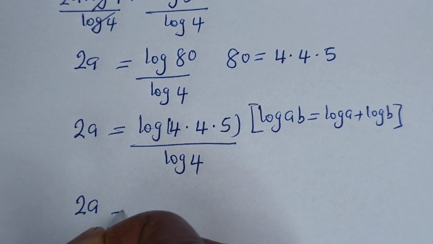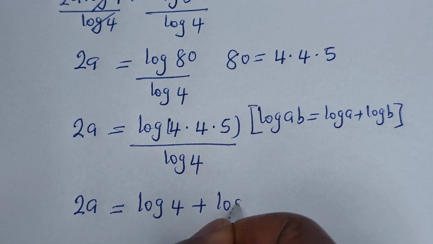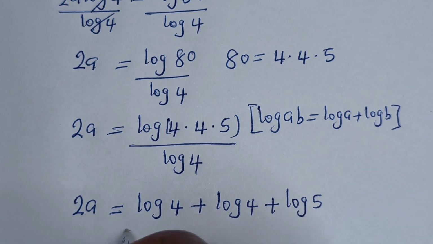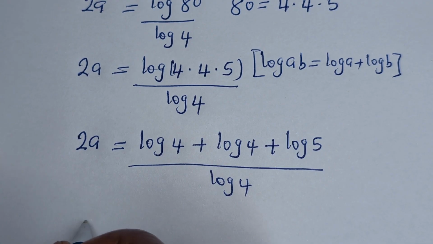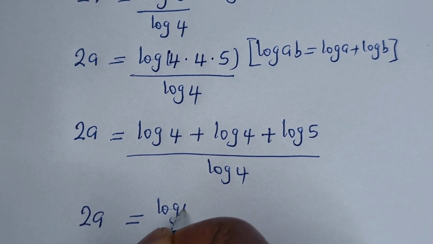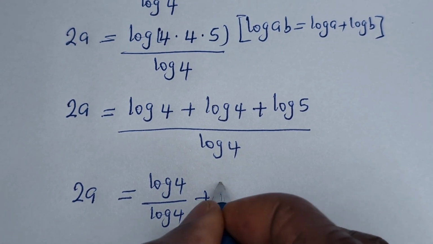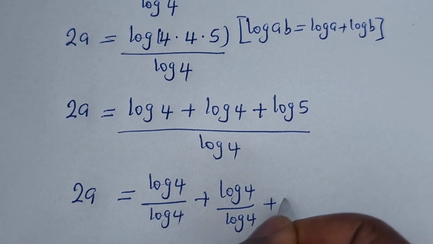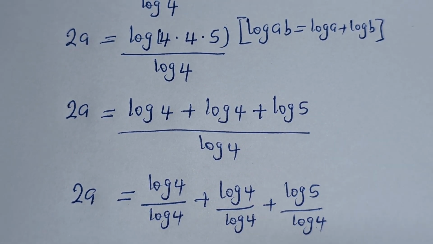2a is equal to log 4 plus log 4 plus log 5 over log 4. 2a is equal to, here is log 4 over log 4 plus log 4 over log 4 plus log 5 over log 4.